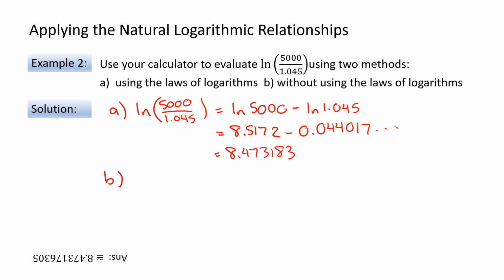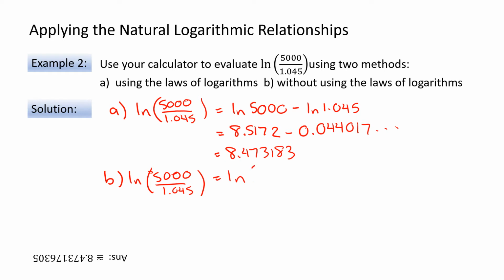Function in B, if we don't use the laws of logarithms, we have the ln of 5,000 divided by 1.045. So we could simply simplify the number in the ln function. If we do that, we can do the 5,000 divided by 1.045 first.